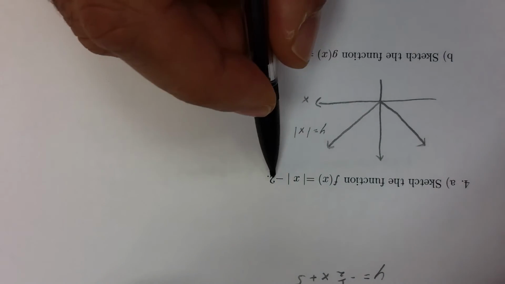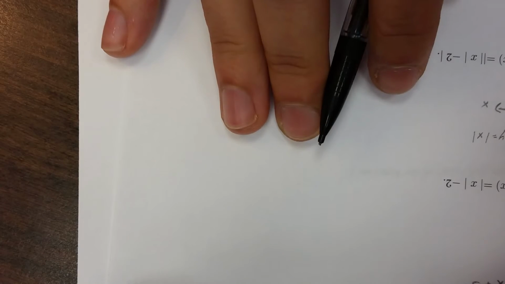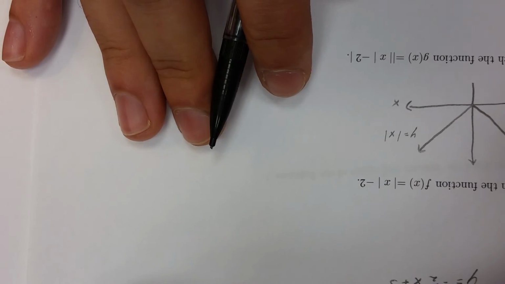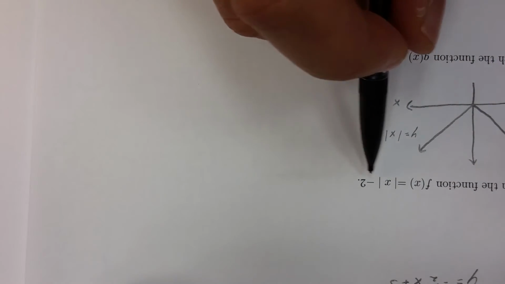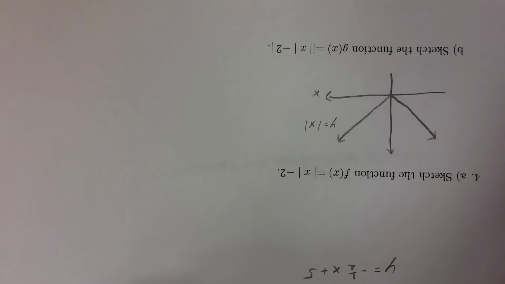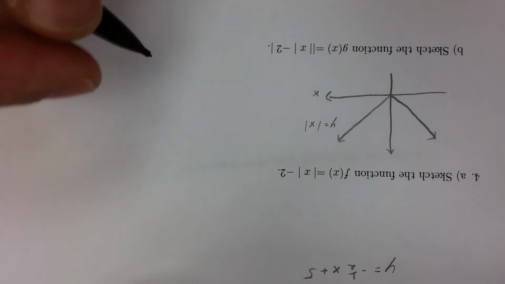And let's go ahead and shift it down by 2 units, which is what that minus 2 does. We can see that we're subtracting 2 from the entire function, not just from x. So this is a vertical change, if we can get it in focus here.